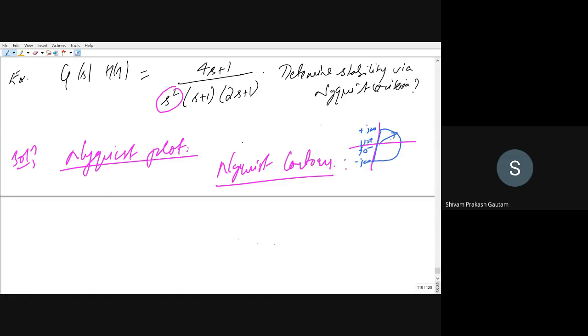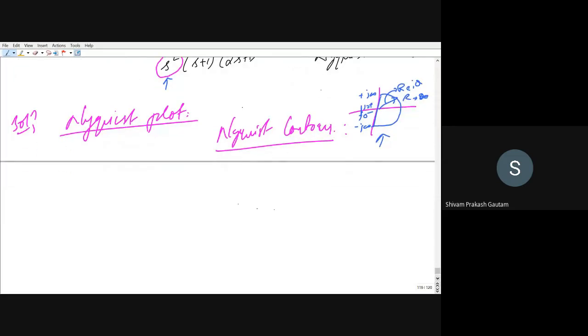And this bigger circle has a radius of R e to the power j theta, where R tends to infinite. But you can see there are poles at the origin, so if we consider this kind of Nyquist contour, it will include this pole. So in order to exclude the pole at the origin, the Nyquist contour will have a slightly different appearance. I will again draw the Nyquist contour.